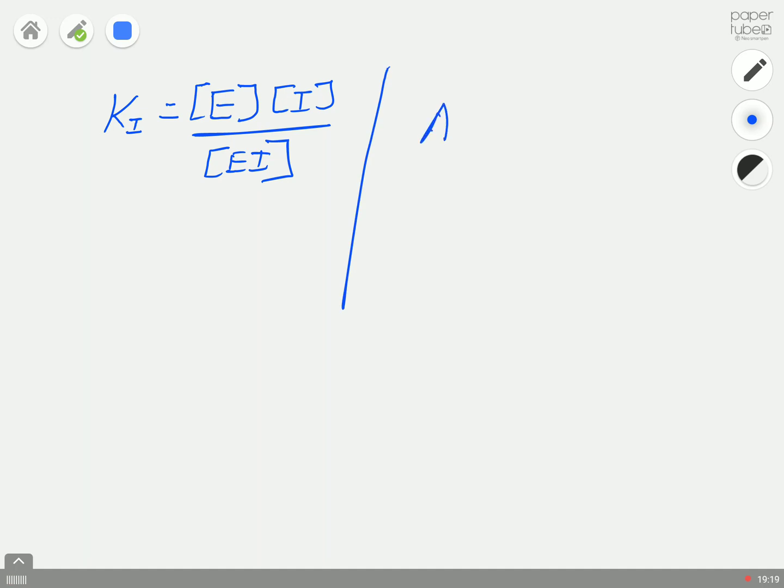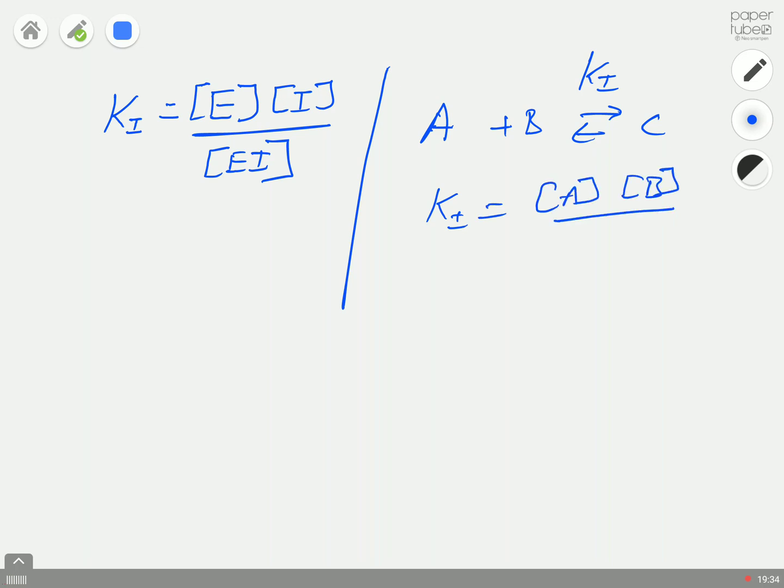If you have A plus B going to C, the equilibrium constant is the concentration of A times the concentration of B, on the reactant side, divided by the concentration of the molecule on the product side, which is C. That's the same rule that we are applying here. Let's call this equation 1.